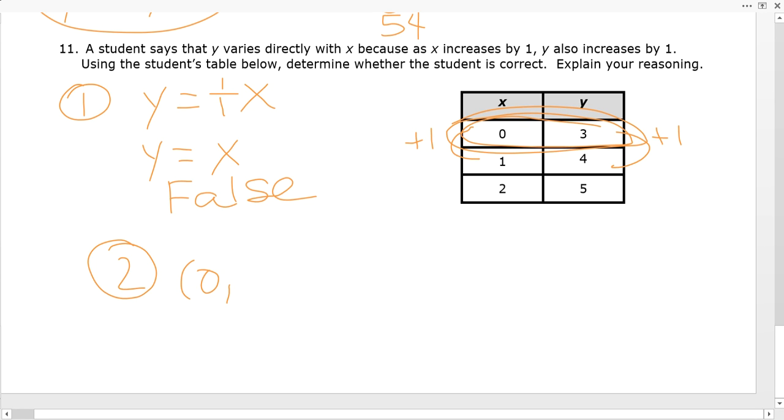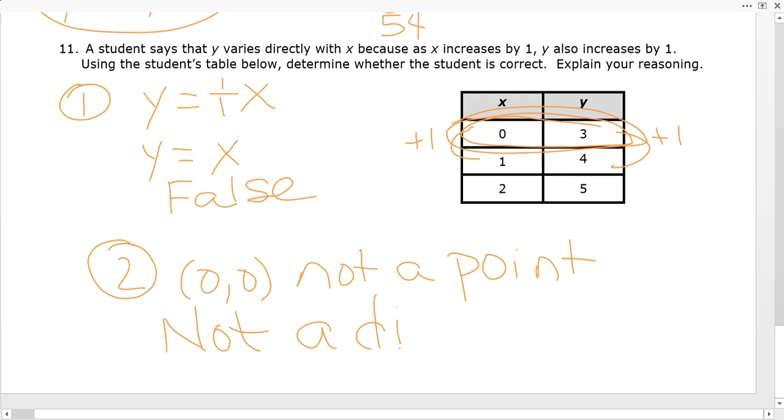If 0, 0 is not a point, then it is not a direct variation. So two different ways I can tell right off the top that this is not a direct variation.